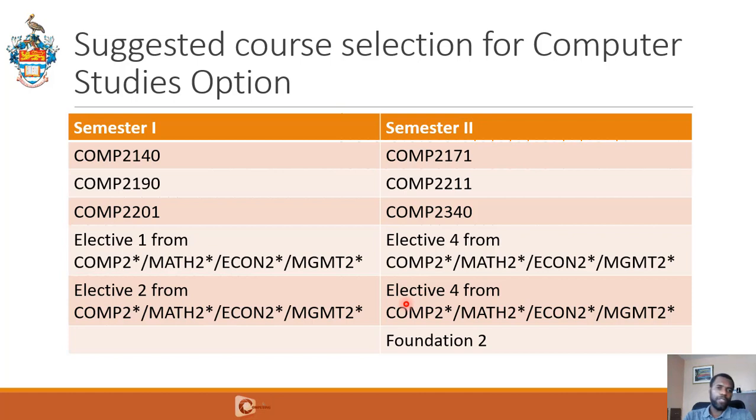And in semester 2, you take Comp 2171, Comp 2211, Comp 2340, and then 2 more electives at level 2 from either Comp, Math, Econ, or Management. Okay, and then your second foundation course.